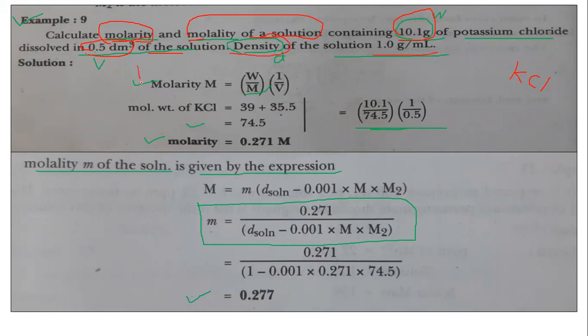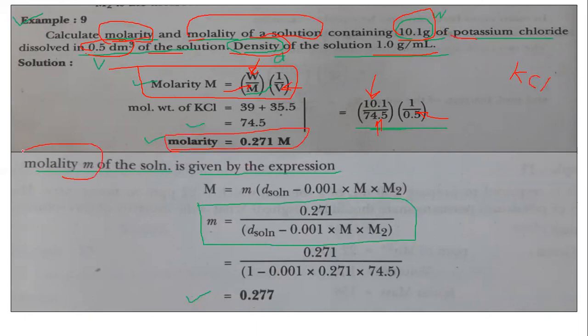See now molarity, we have the formula: the weight of solute upon molecular weight or molar mass into volume, right? What is volume? It's 0.5 liter. Here it is the molecular weight of KCl, and this is the actual weight taken of potassium chloride. So molarity is 0.271.